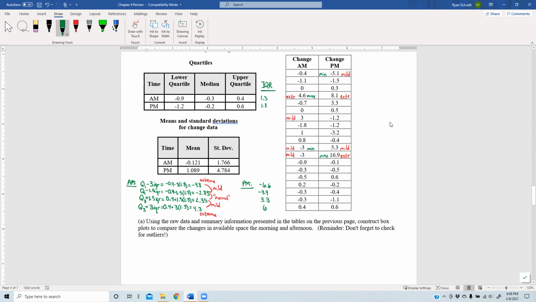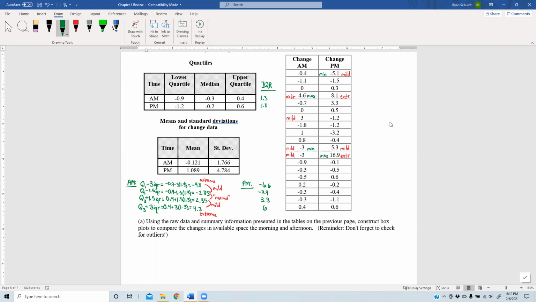Okay, so I have done the same process for PM. I've got 2 mild outliers, 2 extreme outliers. I didn't show the equations again because I went into detail on the AM. So just do the similar thing for PM using 1.8 as your IQR, and you'll get the same values that I got.